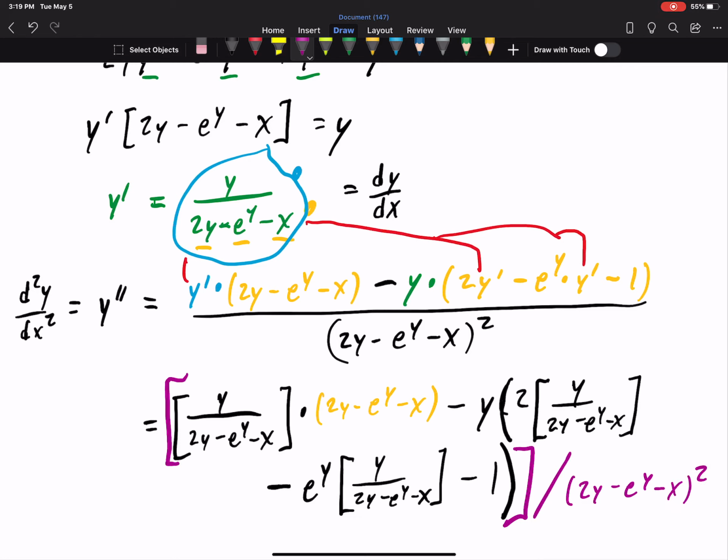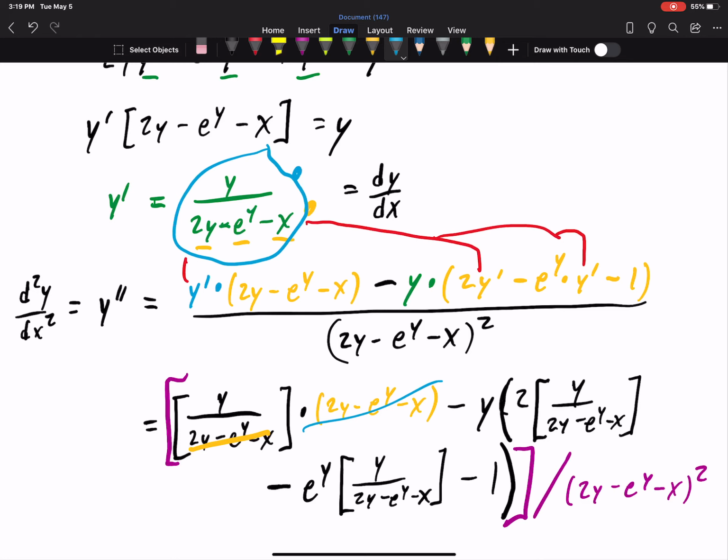And then that's the final answer. If you like, you can cancel a few things out here and there. Namely, you can cancel this and this because they are the same, leaving you with just a y in the first term. But that's basically all the simplification that you can do.